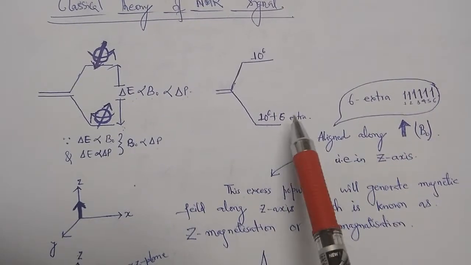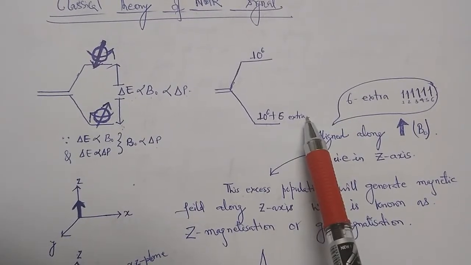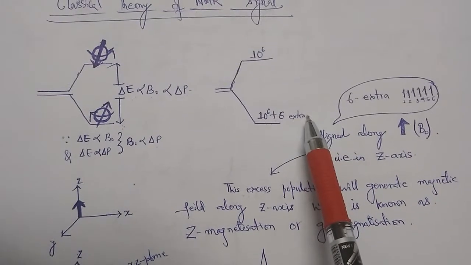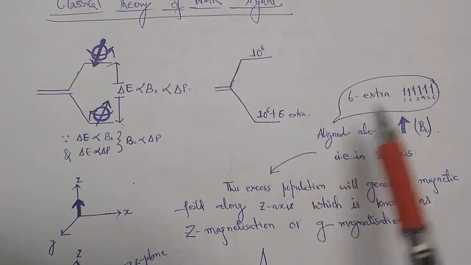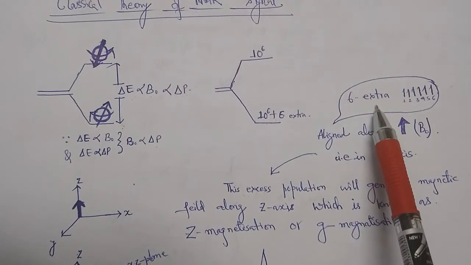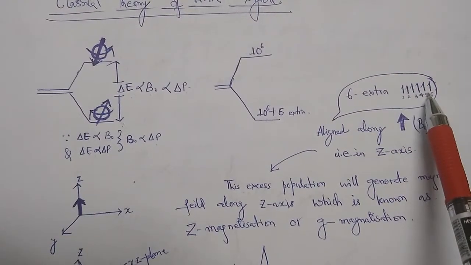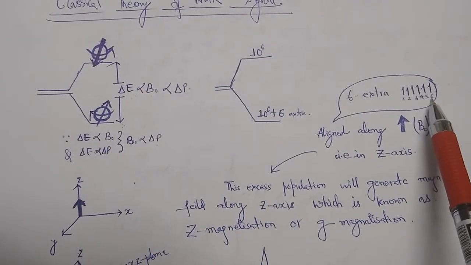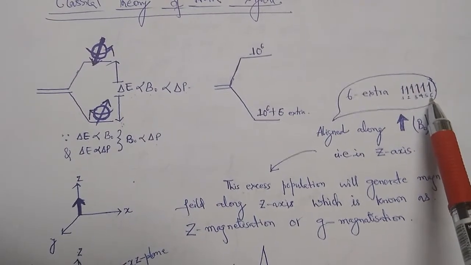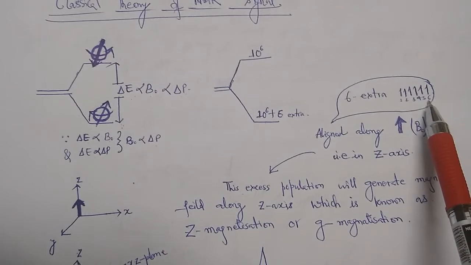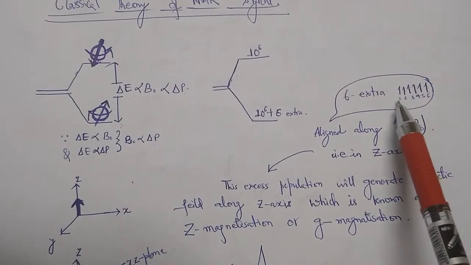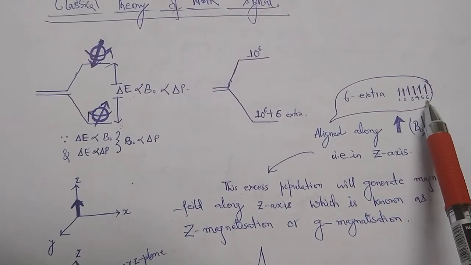Let's say we have 6 extra spins compared to the higher energy level. All these 6 extra spins will be aligned in the direction where the external magnetic field is applied. Let's say the external magnetic field is applied in the Z direction. Then all these spins will be aligned to the Z direction.